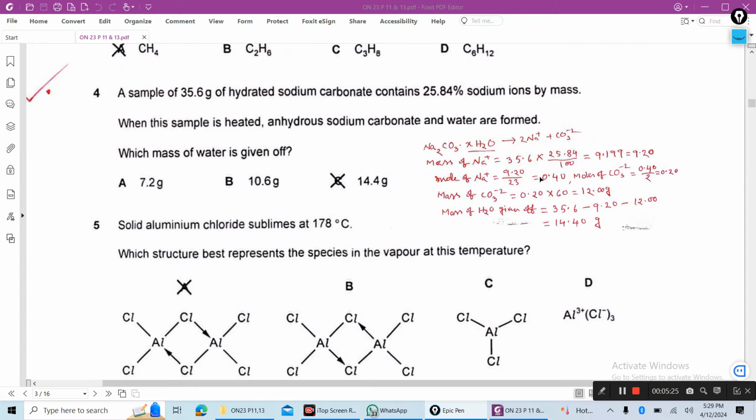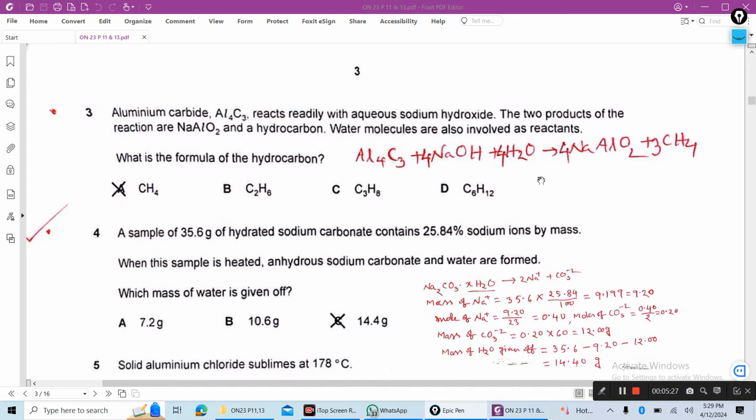Next, number 3. Aluminum carbide reacts readily with aqueous sodium hydroxide. The two products of the reaction are sodium aluminate and a hydrocarbon, one hydrocarbon only.